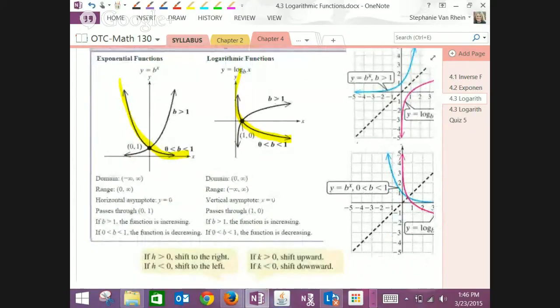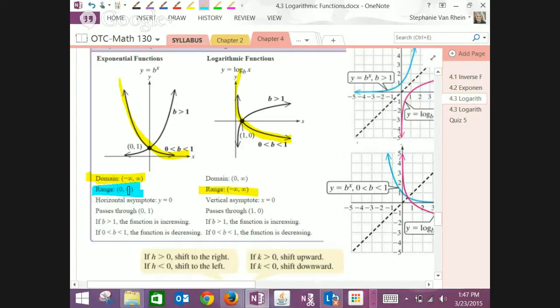So in this case, my domain for my exponential functions was all real numbers, meaning my range for my logarithmic functions is all real numbers. So my y values are going to be all real numbers. And it's going to either decrease or it's going to increase. It's the only interesting part. The range in the exponential was only positive numbers.